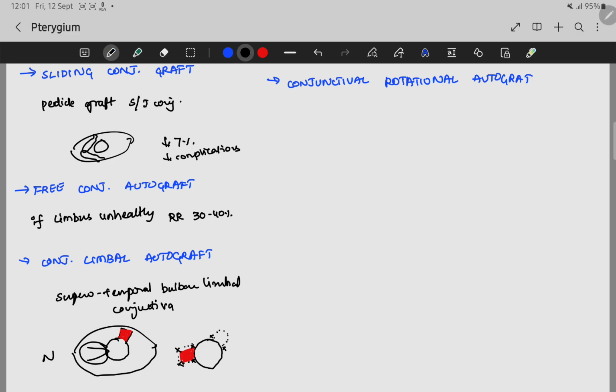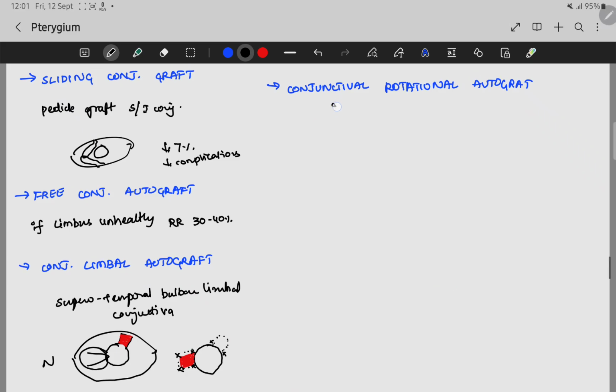This is done in cases of extensive pterygium, double pterygium or previous glaucoma surgery, when the conjunctiva is not much available to do a autograft, right? So here what we do is that the conjunctiva from the body of pterygium is taken, it is stored in the saline and then sutured with the scleral bed.